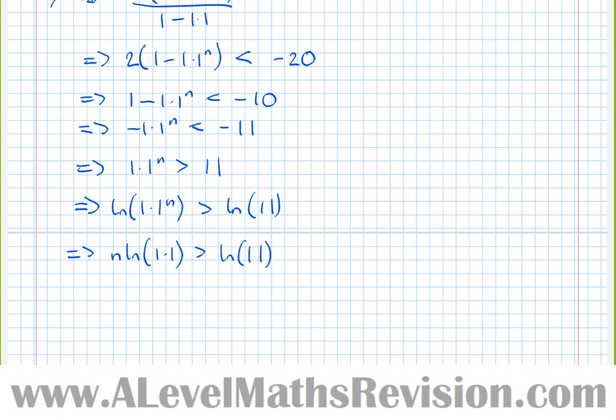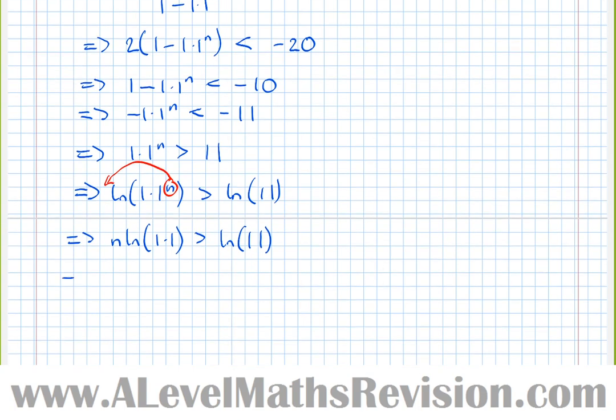So the power's jumped from there to the front. Divide by ln of 1.1, which means that n is bigger than ln 11 over ln of 1.1. ln of 1.1 isn't negative because it's not an ln of a number between 0 and 1.